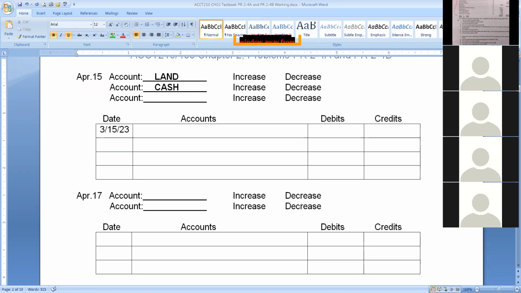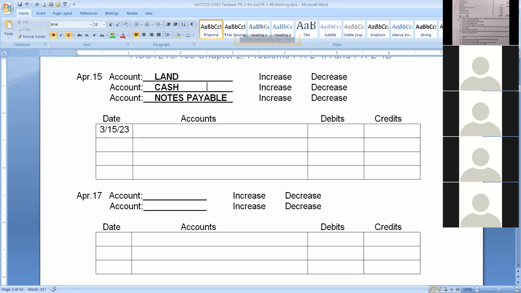Okay, so let's see. Is the land going up or down? Up. Oh, good. Cash going up or down? Down.